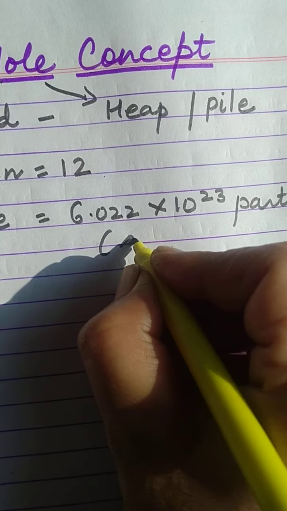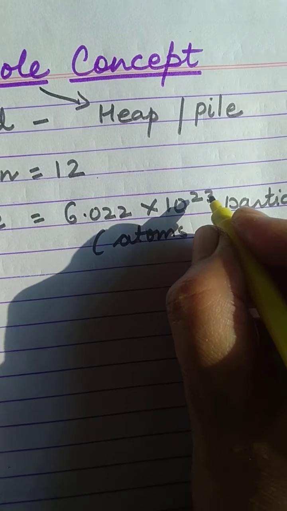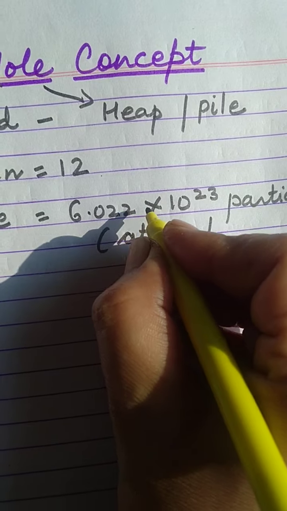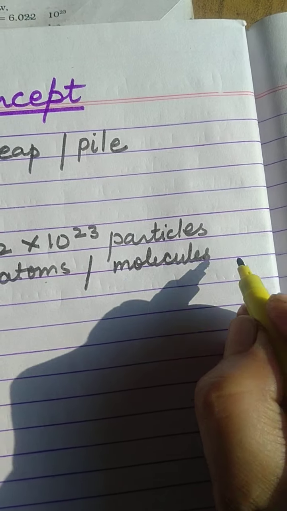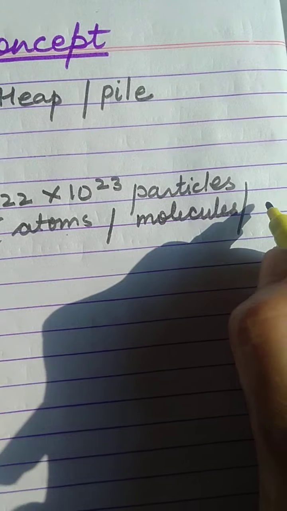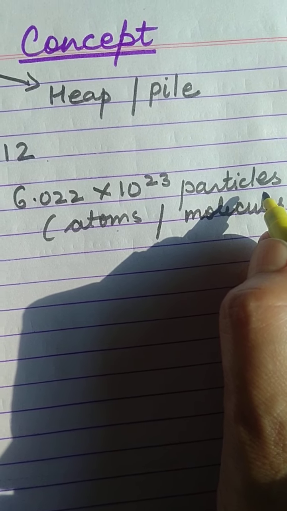Particles can be 6.022 into 10 raised to 23 atoms, or 6.022 into 10 raised to 23 molecules, or 6.022 into 10 raised to 23 ions. So it represents particles.